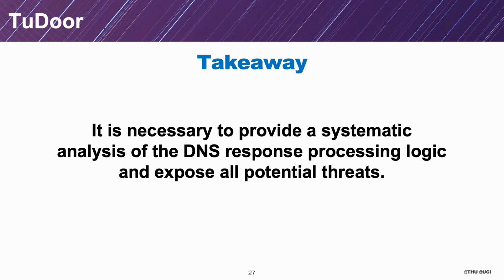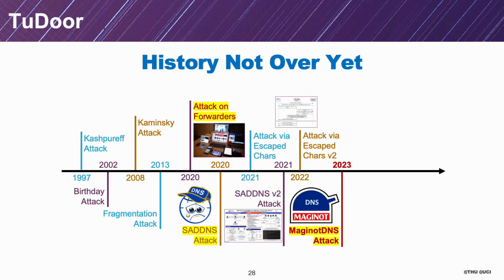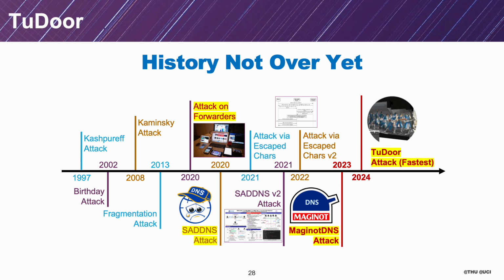So it is necessary to provide a systematic analysis of the DNS response processing logic and expose potential threats. That's what we did in this paper, and after doing this, we found a new DNS cache poisoning attack, and the history is not over yet.